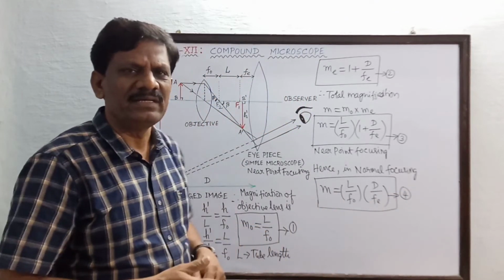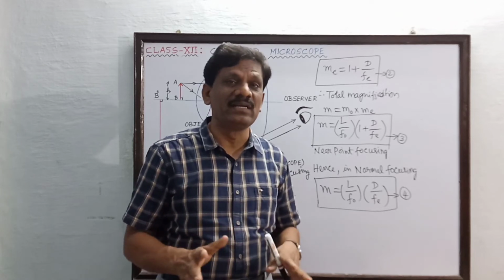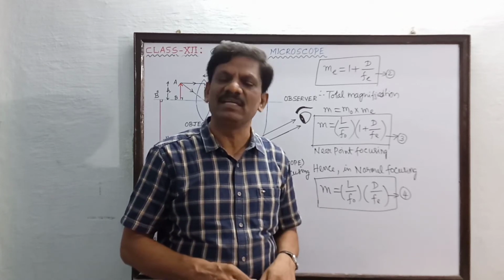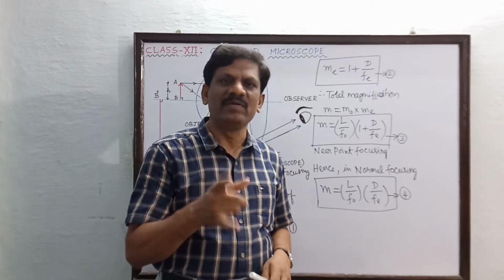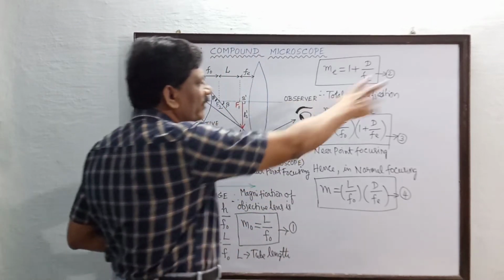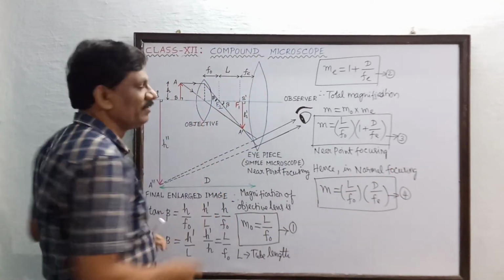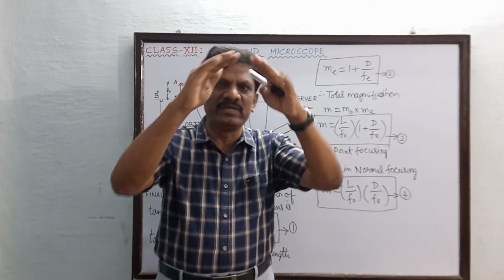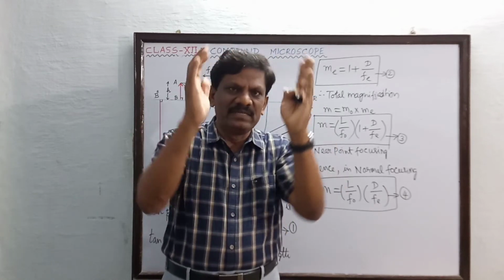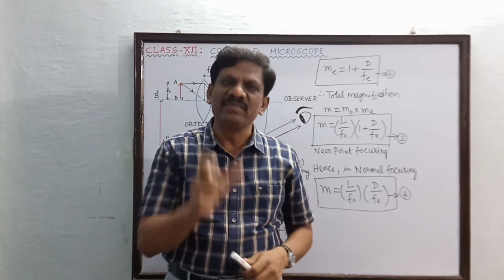Very easy it is. Derivation is actually very easy. Where the students are going to struggle is only in drawing the diagram. Understand that? So my kind advice to each one of you is, while drawing the diagram, first draw a very lengthy principal axis. And draw the first lens very small in size and also much curved. So the curvature is more. That means the focal length is very short.